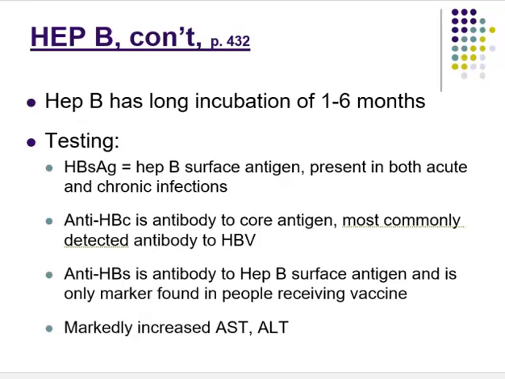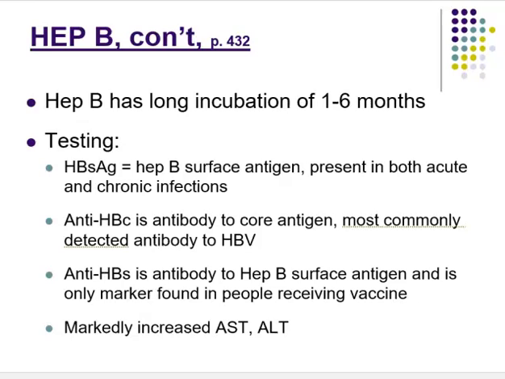When testing for Hep B, we can look for different components of the virus. We can look for the Hep B surface antigen, and it's going to be present in both acute and chronic infections. Then we can also look for antibodies. We can look for antibodies to the core antigen, and then we can look for antibodies to the surface antigen.